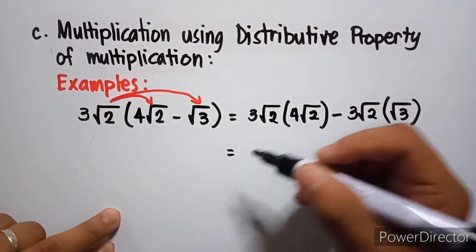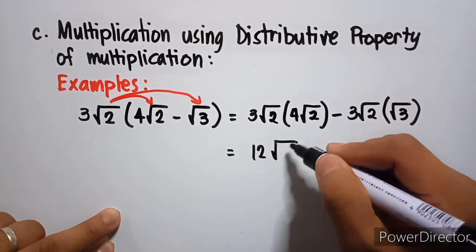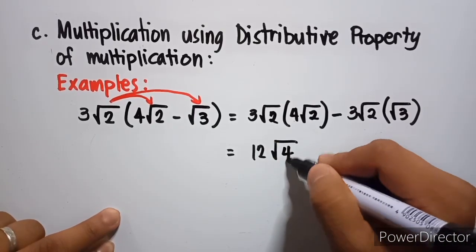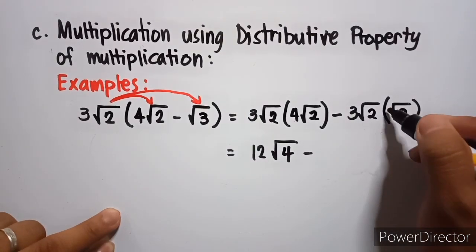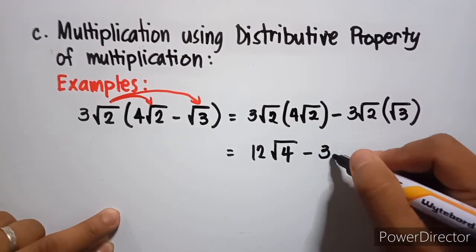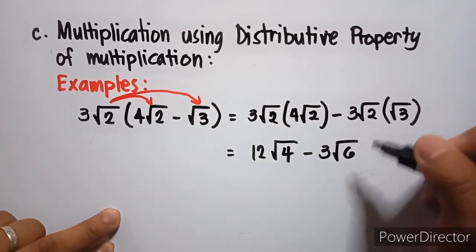This is equal to 3 times 4, that is 12, square root of 2 times 2, that is 4, minus 3 times 1 is 3, square root of 2 times 3 is 6.